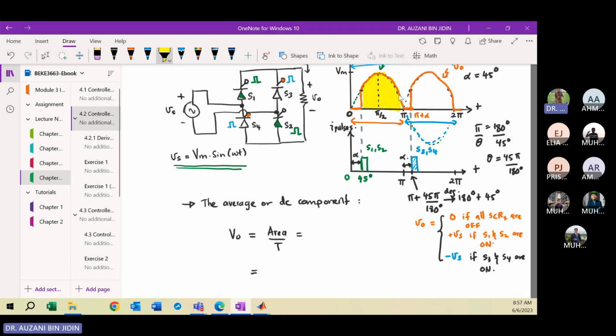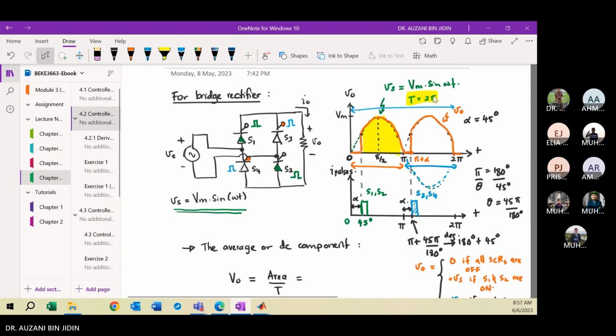Okay, for the output voltage, what is the period? Is it pi or 2 pi? For Vs, the source voltage, your period will be 2 pi, right? But for the output voltage, the period will be what? Here, right? So this is your period, from 0 to here. I put T prime. The period will be pi. Okay, clear?